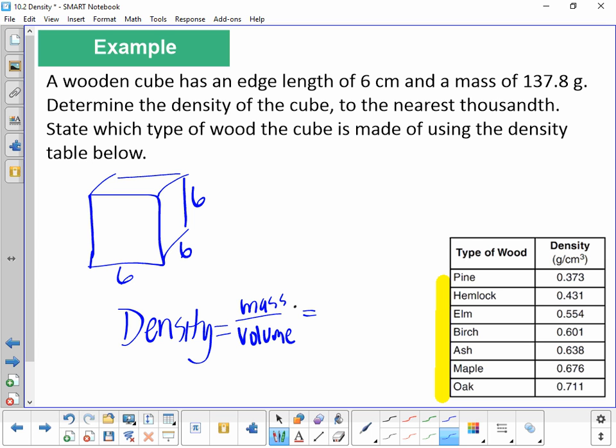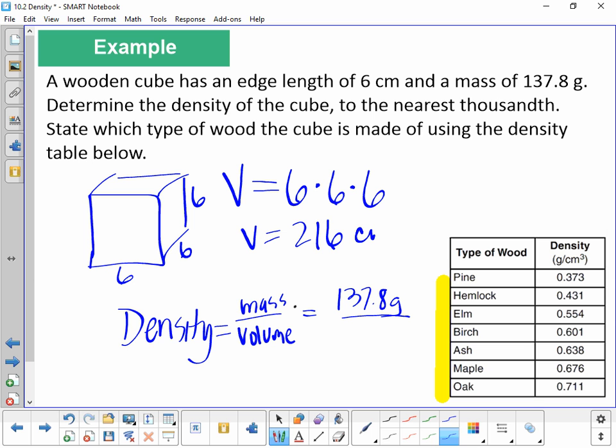We know the mass already, it's 137.8 grams, and we need to know what the volume is. The volume of this rectangular prism, it's a cube. A cube is a type of rectangular prism, and to find the volume of this, you should know it is 6 times 6 times 6, which happens to be 216 cubic centimeters.